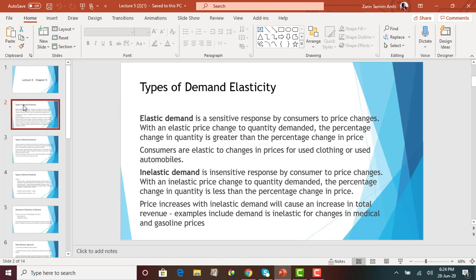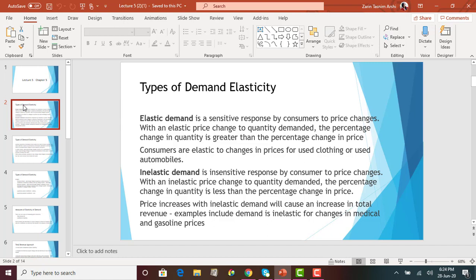The second type is called inelastic demand. Inelastic demand is where we are insensitive to the price changes. We are not very responsive when there is a change in price for a particular type of product. Under inelastic demand, the percentage change in quantity demanded will be less than the percentage change in price.